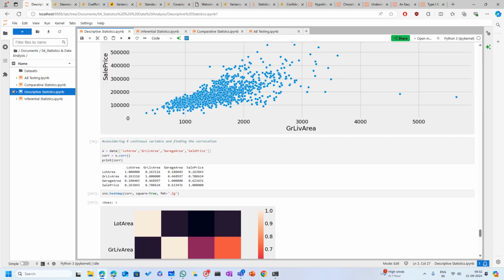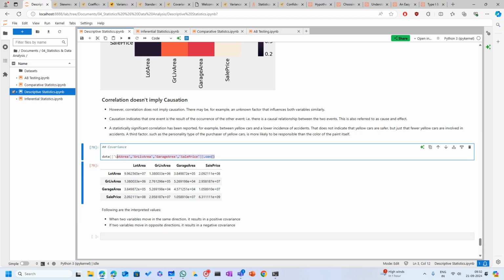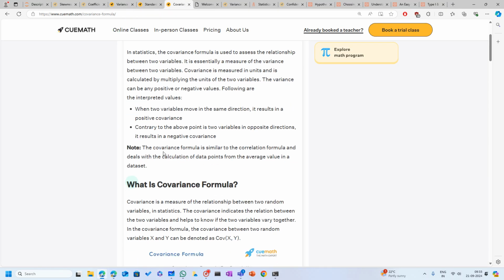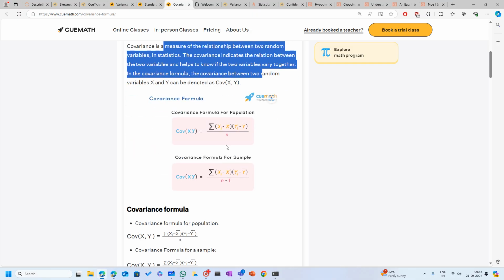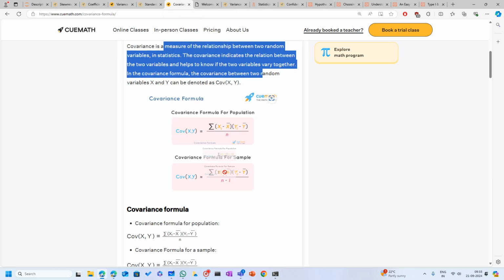Here in correlation, you're calculating the relationship between the variables. For covariance, you are calculating how well they show the effectiveness of spreading. Covariance is also measuring the relationship. For variance we saw how far away the point is from the mean, that you have to remember. Here you're doing the same thing but for both the variables simultaneously.